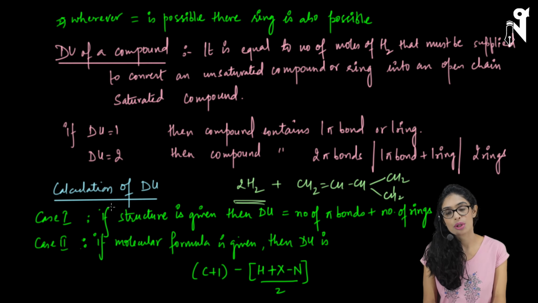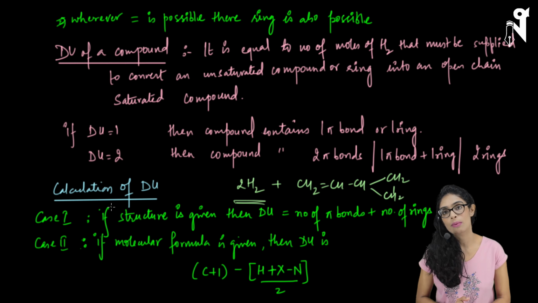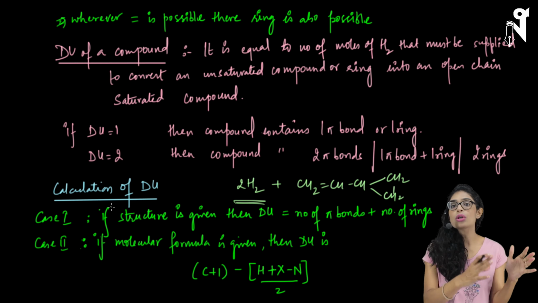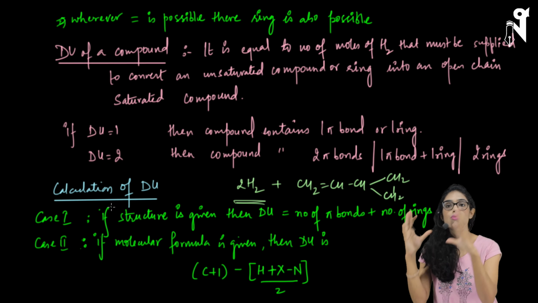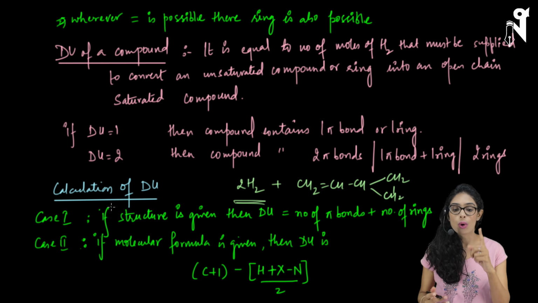But in case we have not been given any structural formula, but we have been given the molecular formula, in that case, we are not going to convert the molecular formula into a structural formula first and then figure out the degree of unsaturation. What we are going to do is use a simple formula.